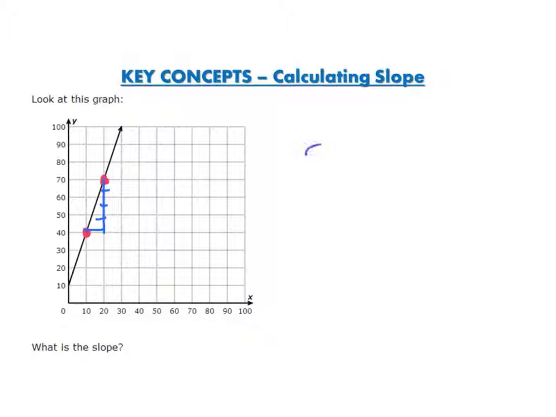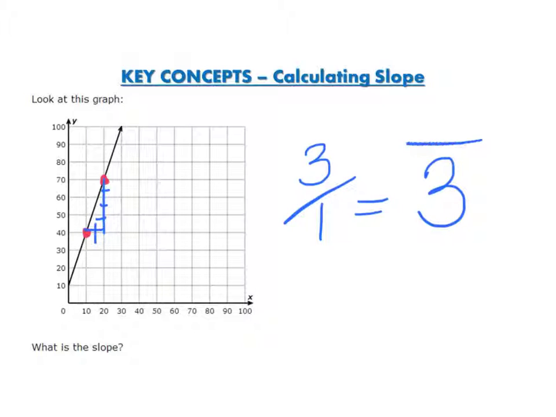So the rise is 3. The run is 1. That makes my slope 3. So make sure that you mark your points where they cross. Draw your right triangle and count the rise of that right triangle and put it over the run of that right triangle. That will give you the slope of a line on a graph.